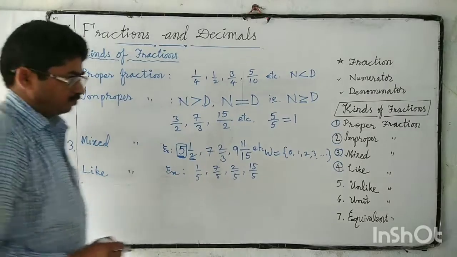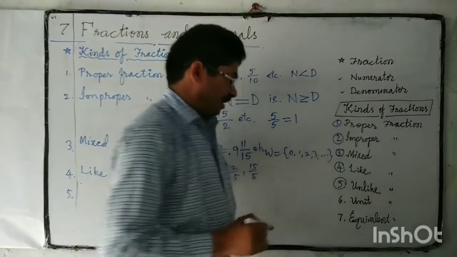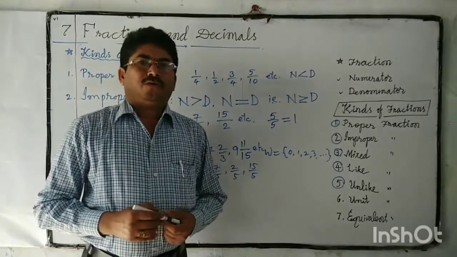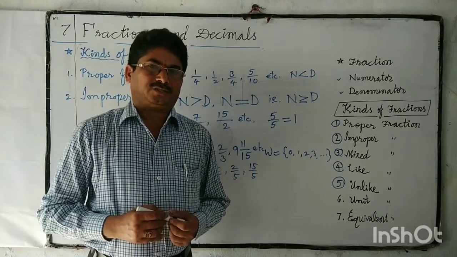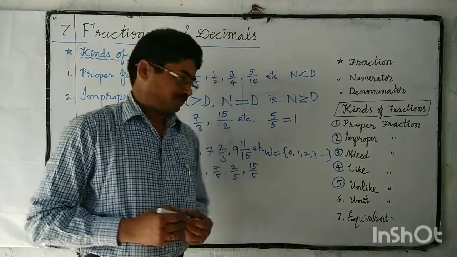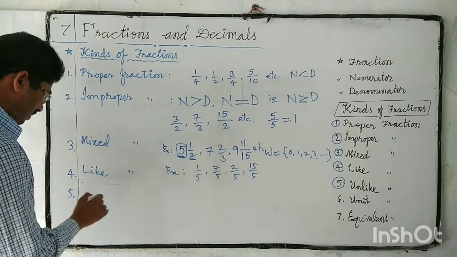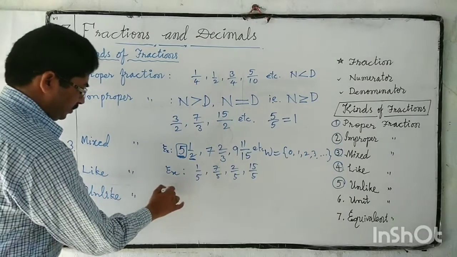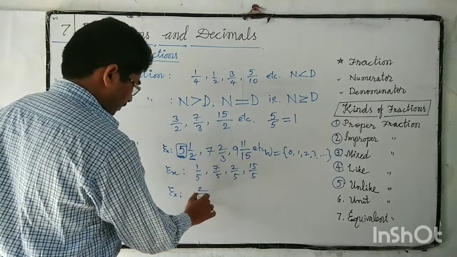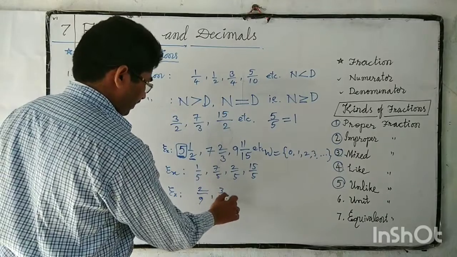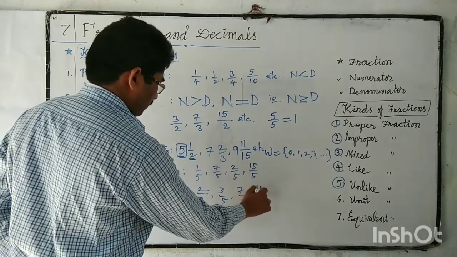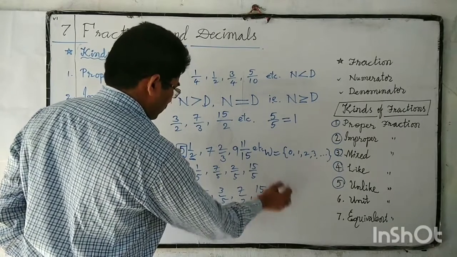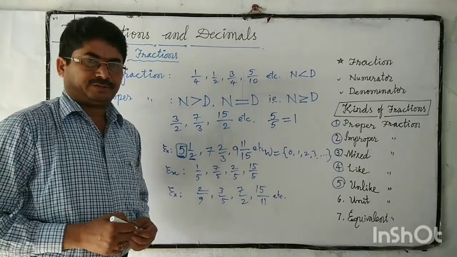Next, what are unlike fractions? Fractions having different denominators are called unlike fractions. Examples: 2 by 9, 3 by 5, 7 by 2, 15 by 11, etc. These are unlike fractions.